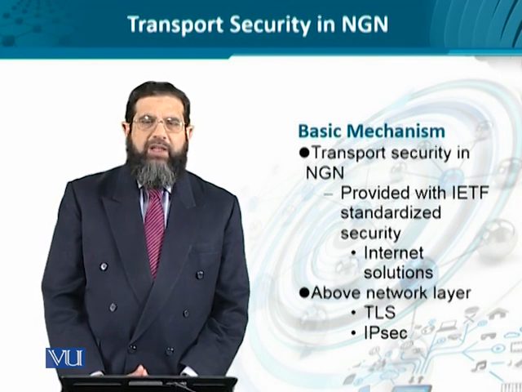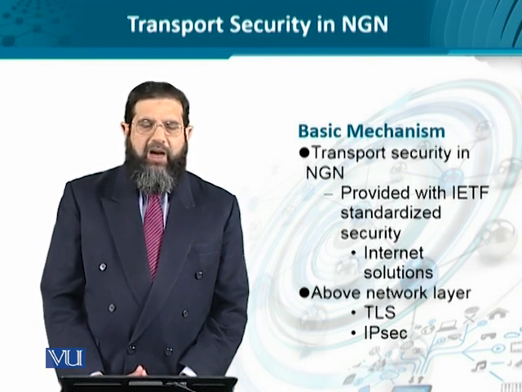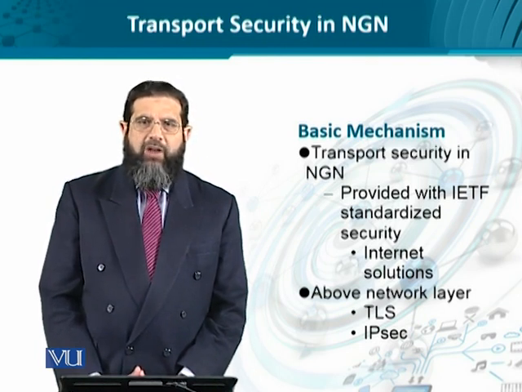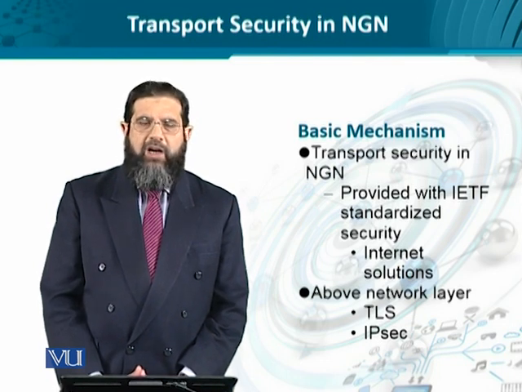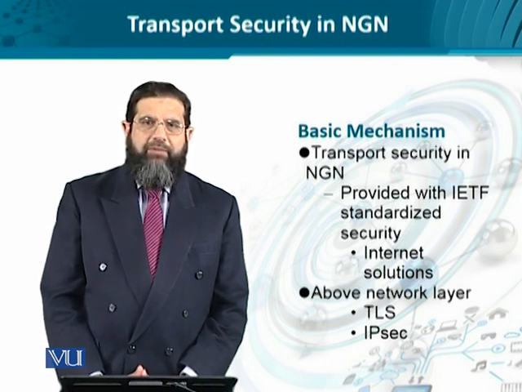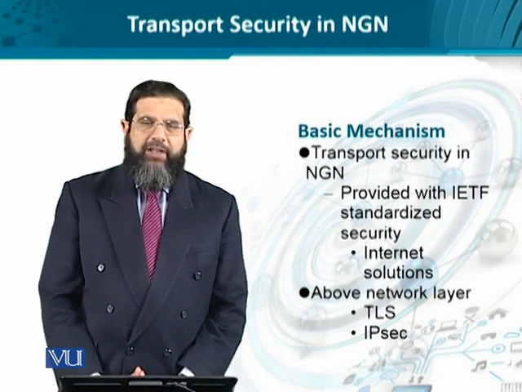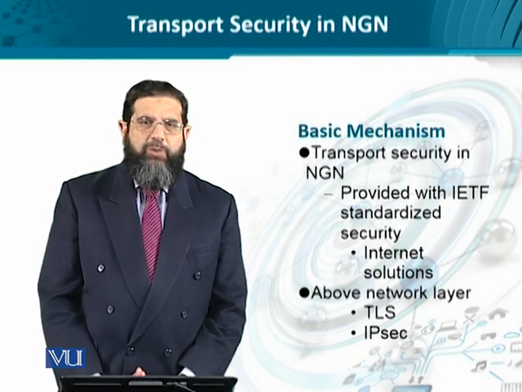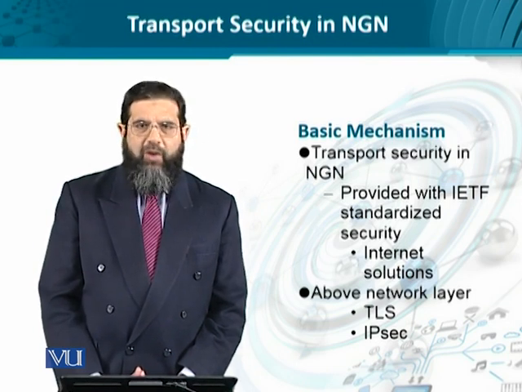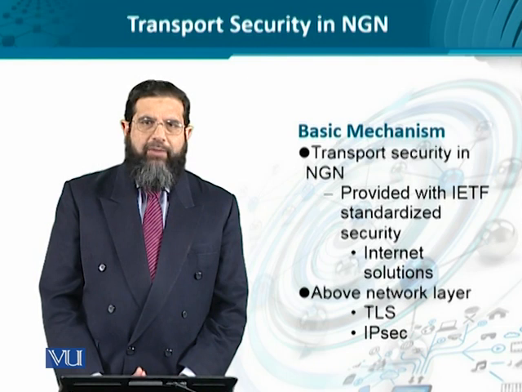Here we have the IETF recommended guidelines and the standard protocols which have been adopted from the internet community as such into the NGN. Considering the network layer, which is layer 3 from below, as the reference, once we have IP running at the network layer, on top of that we can have two options.